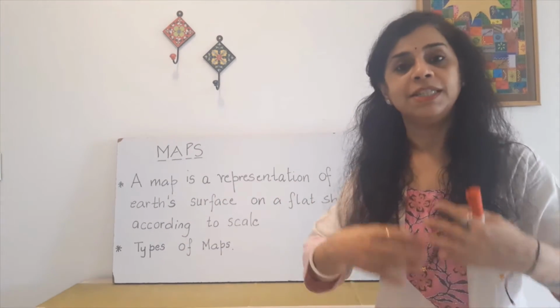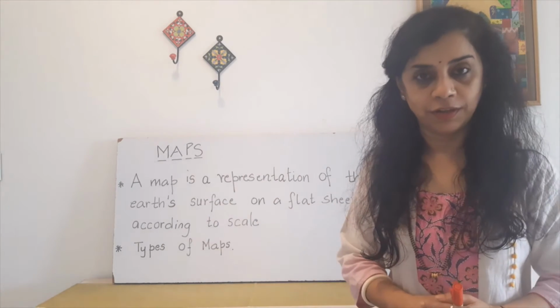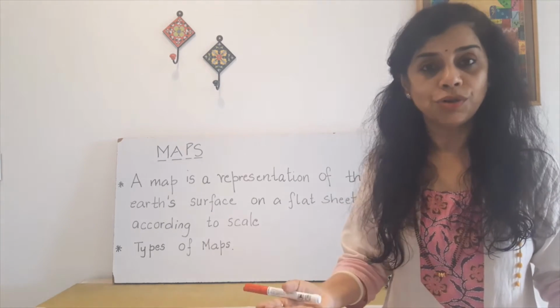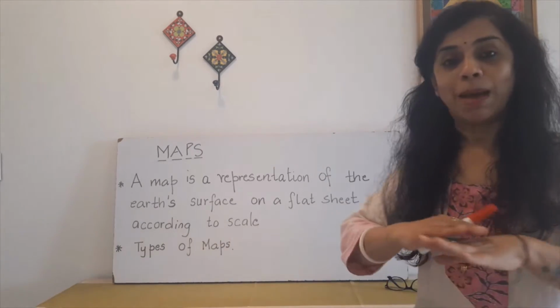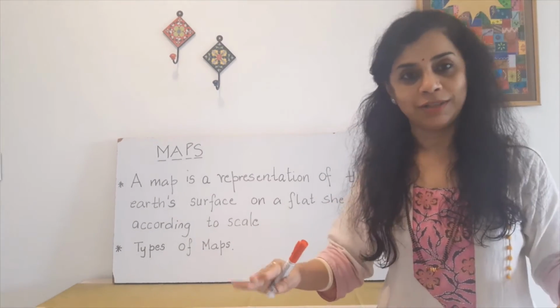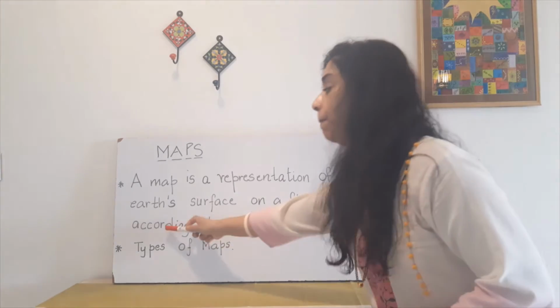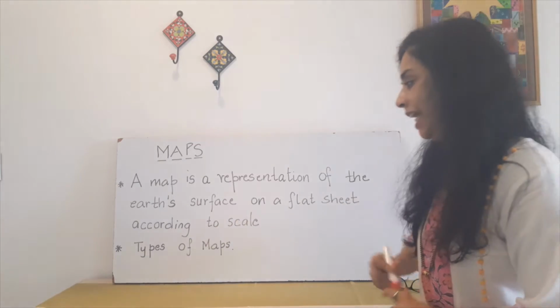So a map is a drawing, or it represents the surface of the earth or a part of the earth's surface. And what do you draw it on? On a flat sheet. So maps are on flat sheets. They are flat. They can be drawn. You have maps in your class. But the most important thing here, according to scale.